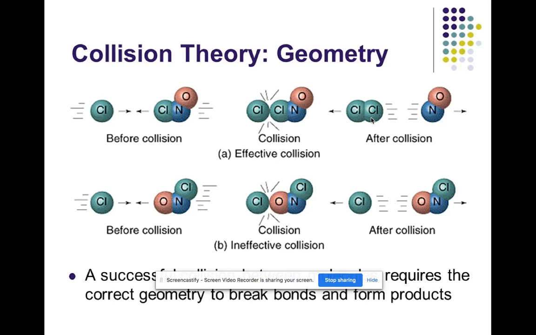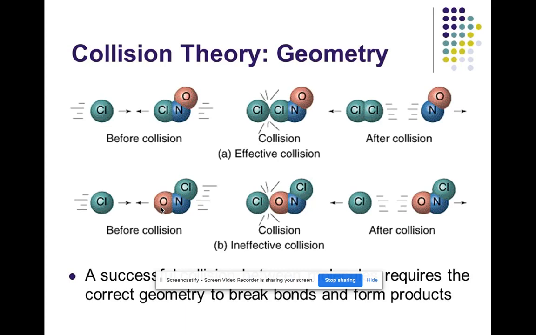But now we're going to rotate that molecule, the oxygen, nitrogen, chlorine molecule. Now, do you see that chlorine is now going to collide with oxygen? Well, that's not going to work because oxygen has 6 valence electrons and chlorine has 7. So there isn't really a way for them to each have 8. They don't want to be together.